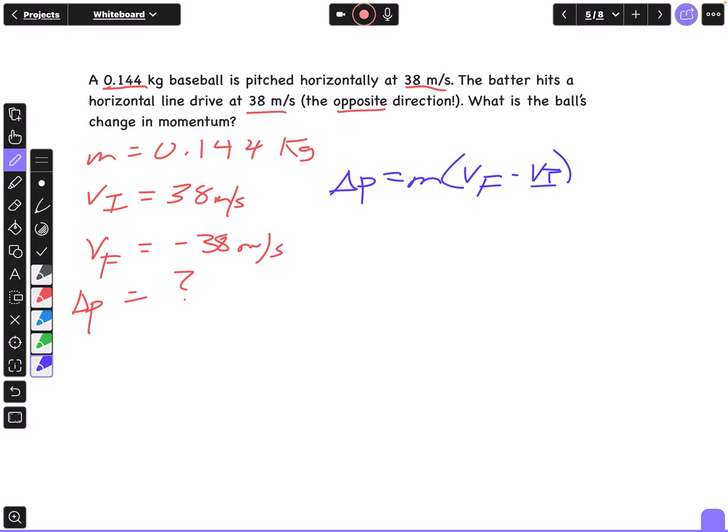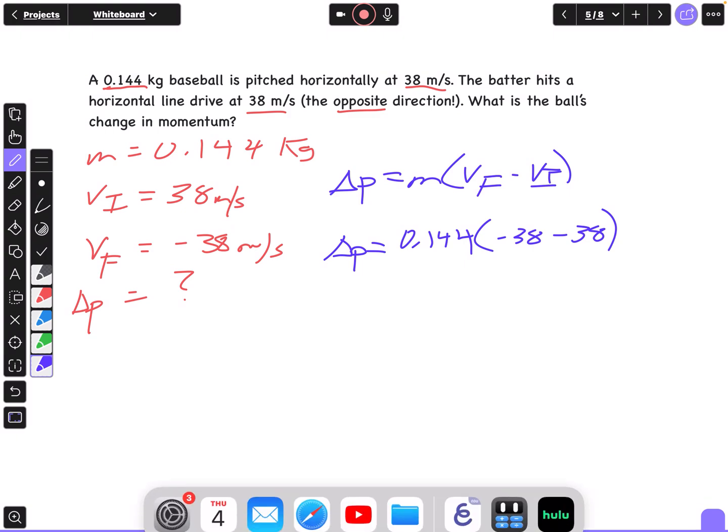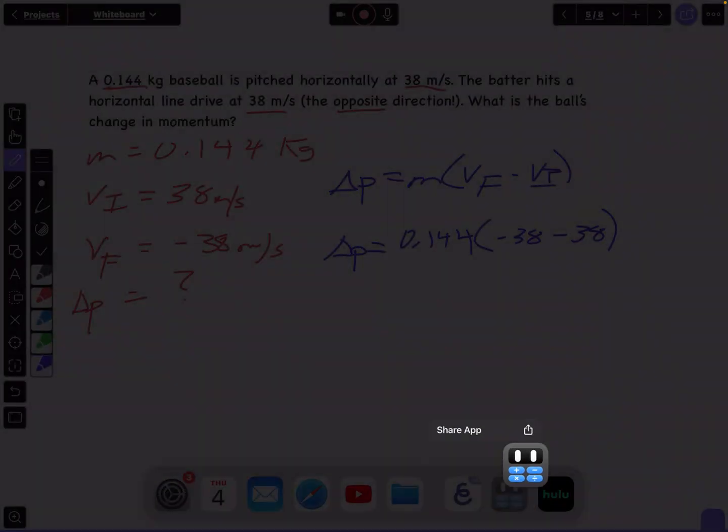I plug in my numbers. Delta P is equal to my mass, 0.144, times my final velocity, negative 38, minus my initial velocity, 38. And I'm going to bring up my calculator to solve for this.